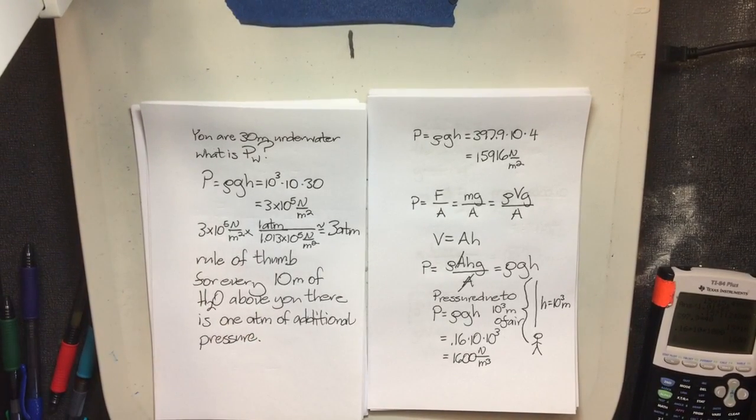So if you're at 10 meters underwater, there's 1 atmosphere of water pressure on top of you. If it's 20, it's 2, etc.